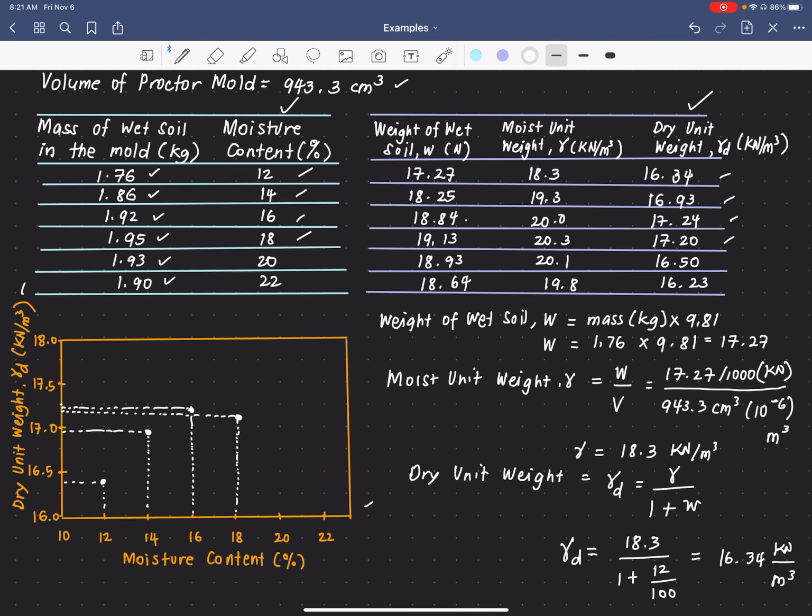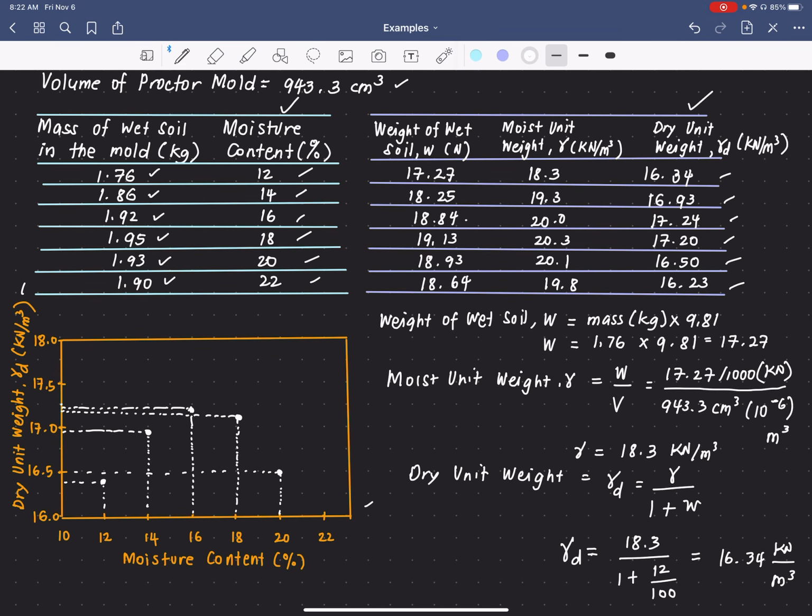I say this is our fourth data point, and we have the fifth one, which has a moisture content of 20 and a dry unit weight of 16.5. There you go. We have 16.5. Here's our 16.5. And here is our fifth data point.